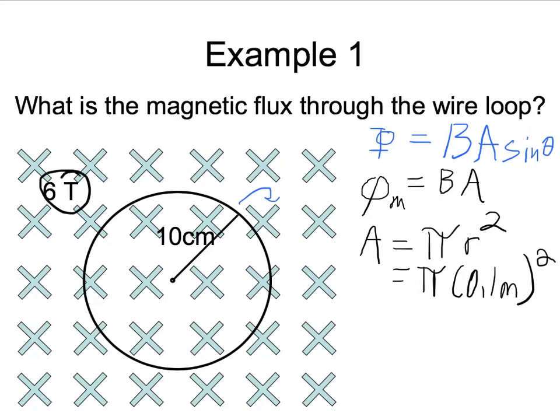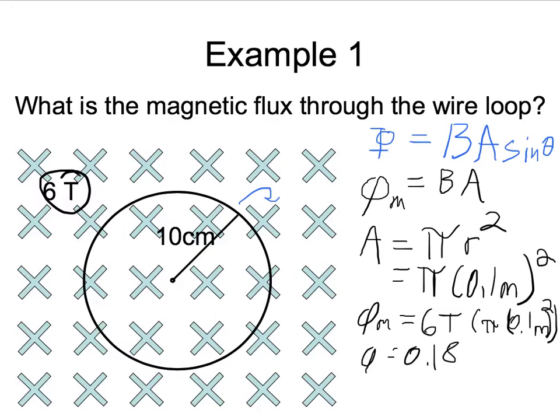So now we'll do magnetic flux is 6 teslas times pi times 0.1 meters squared. Got some double parentheses happening. And now I'll just carry out that calculation. And out of this, I get that my magnetic flux is 0.18. I'll go ahead and round there. Webers.